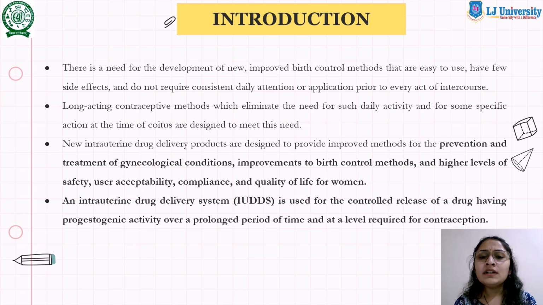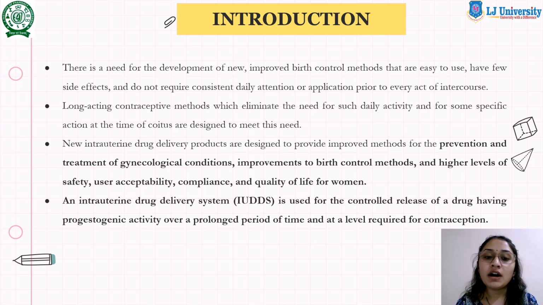Once inserted, this contraceptive method eliminates the need for daily activity and for some specific action at the time of coitus, and these are designed to meet all the criteria which are already given in the introduction part on your screen, right? So there is a need to develop a certain type of drug delivery system.